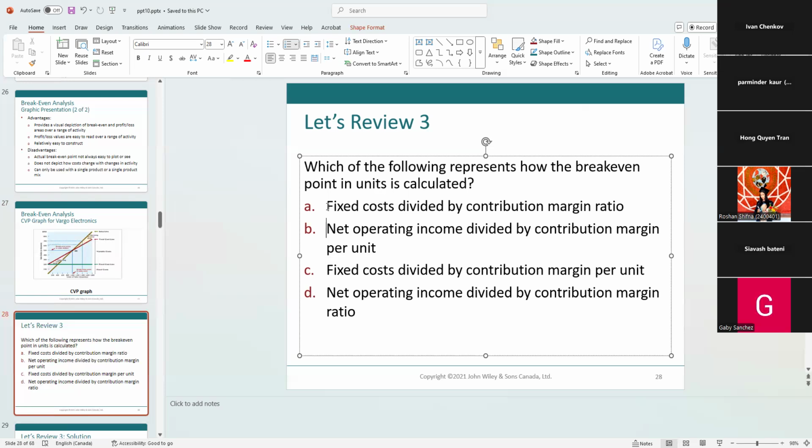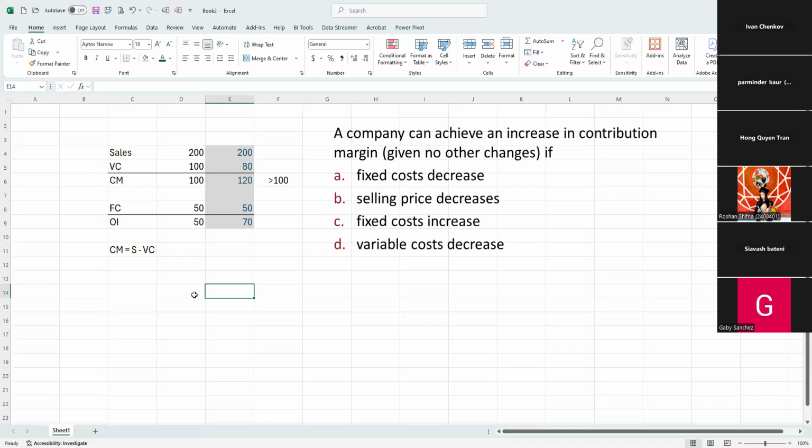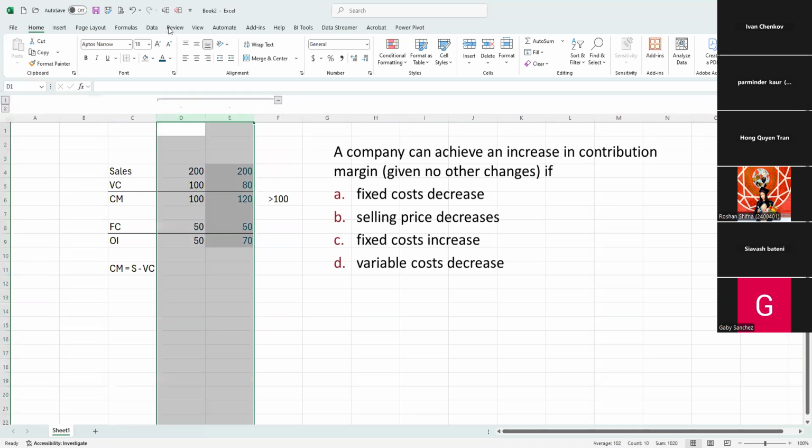So the contribution margin depends on how you are expressing the contribution margin, right? Let's go back to the formula. Can you see my screen? Yes, sir. So now let's forget about those two. We don't have those two.